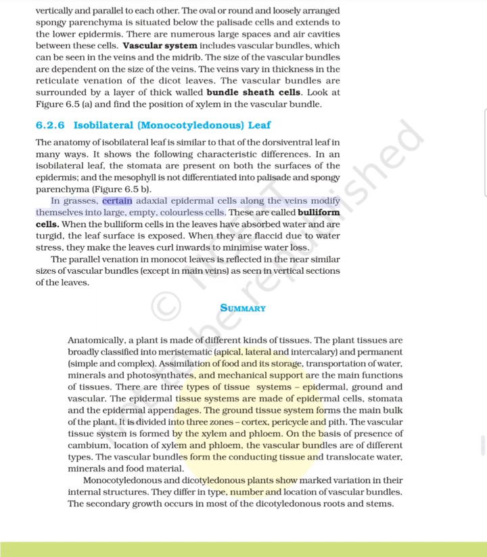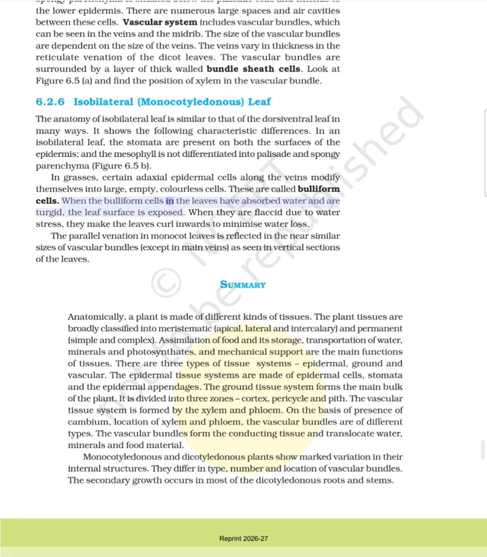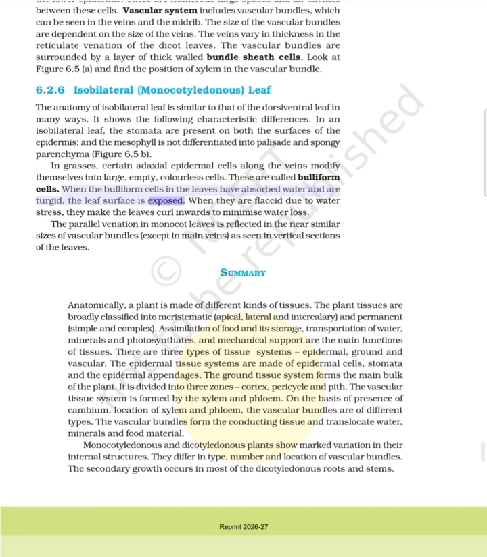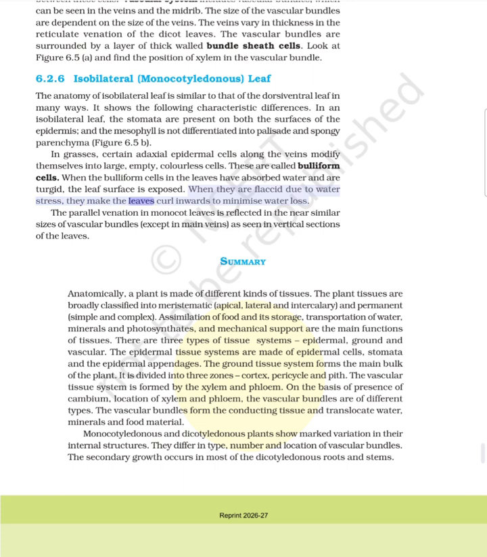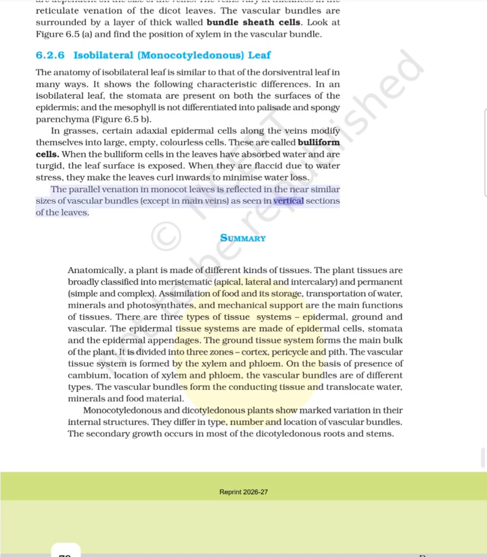In grasses, certain adaxial epidermal cells along the veins modify themselves into large, empty, colorless cells. These are called bulliform cells. When the bulliform cells in the leaves have absorbed water and are turgid, the leaf surface is exposed. When they are flaccid due to water stress, they make the leaves curl inwards to minimize water loss. The parallel venation in monocot leaves is reflected in the near similar sizes of vascular bundles as seen in vertical sections of the leaves.